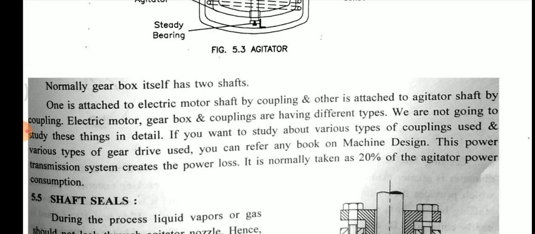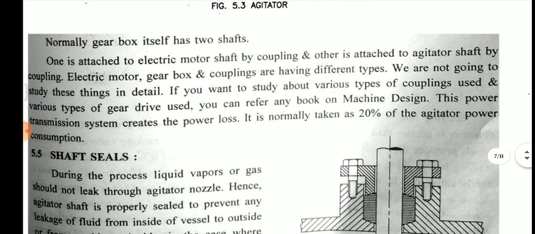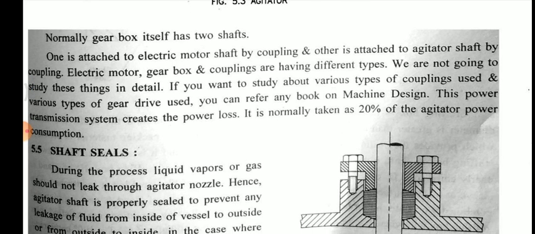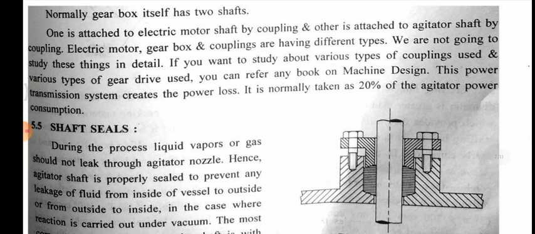If you want to study the types of couplings and the various types of gear drives, you can refer to any book on machine design. This power transmission system creates power loss, normally taken as 20% of the agitator power consumption.